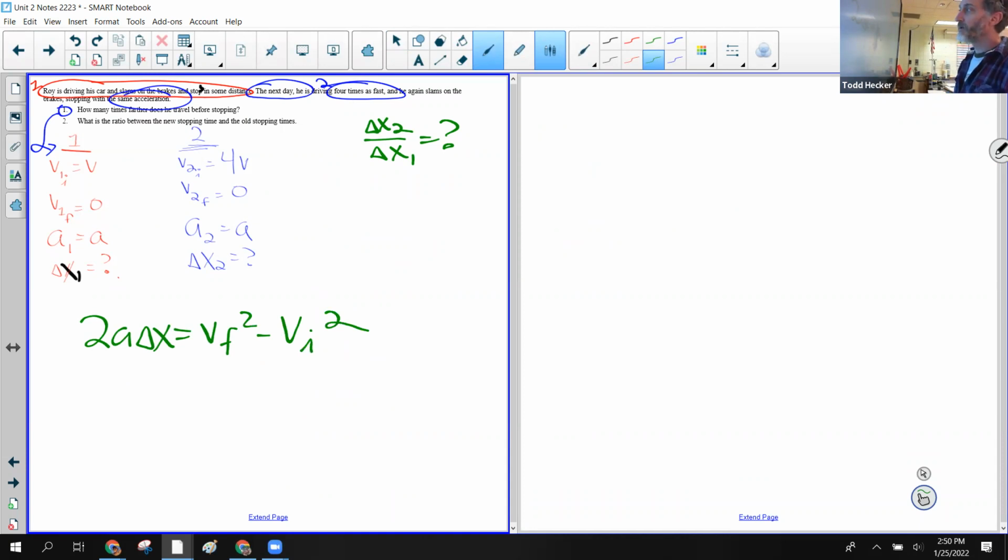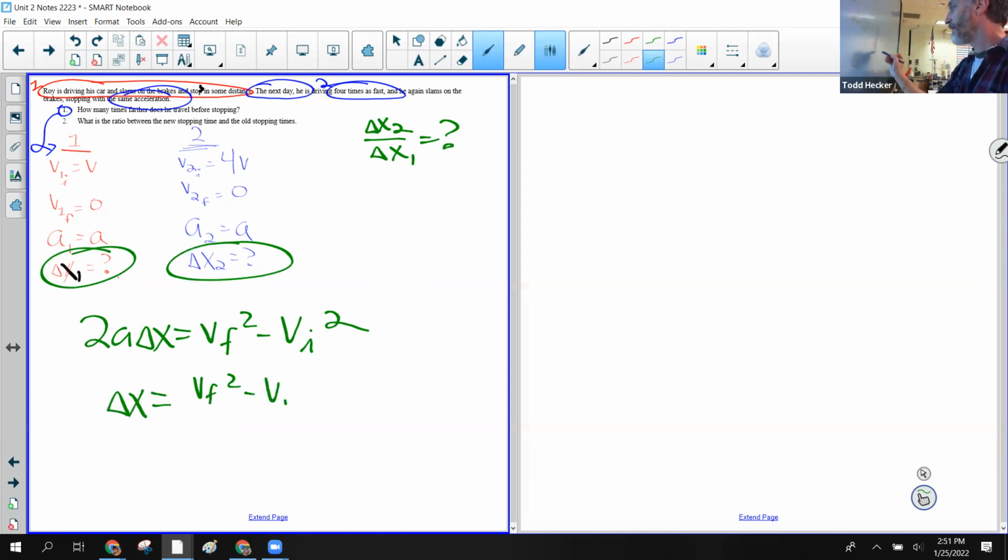From honors. Again, I really think the honors equations are better than those AP ones. So even though you get the equations on the AP sheet, they're formatted weirdly. All right, so I want to solve this equation for delta x because that's what I'm looking for. So this becomes delta x equals vf squared minus vi squared all over 2a.